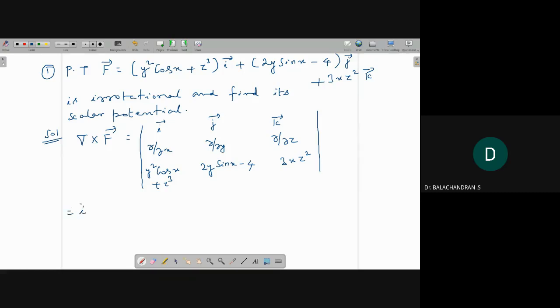Okay, if we expand this, i vector into, leave this column, leave this row, ∂/∂y of 3xz² is 0, minus ∂/∂z of 2y sin x − 4, because this is independent of z, 0. Minus j vector into, leave this column, leave this row, ∂/∂x of 3xz² is 3z², minus if you differentiate ∂/∂z of y² cos x + z³, this is 3z², so 0.